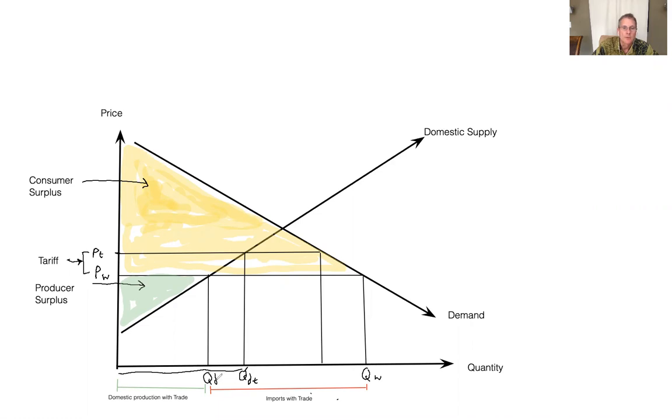So they're going to be able to produce from QD to QDT more. And this is going to be the quantity demanded. And so we'll call this QWT, with tariff.